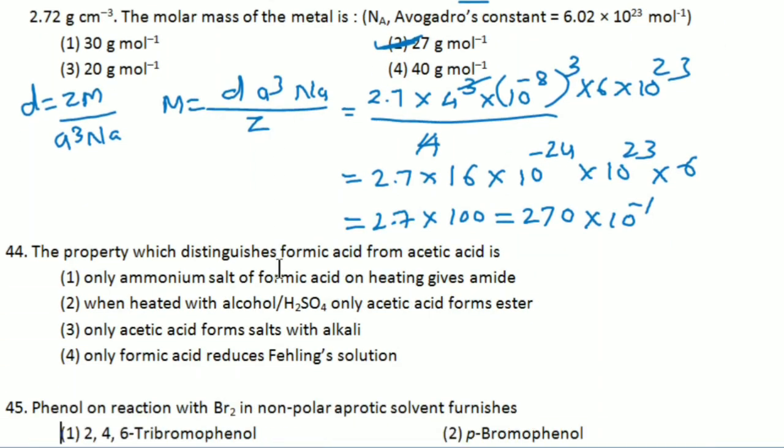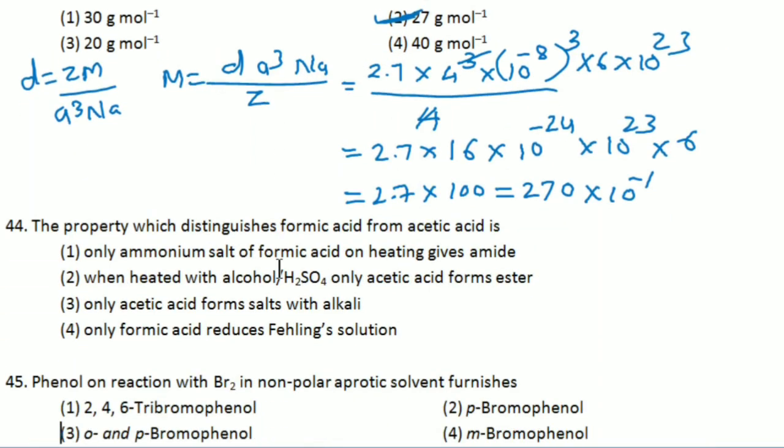44. Property which distinguishes formic acid from acetic acid. In this case, remember, formic acid is H-C double bond O, OH. Acetic acid is CH3-C double bond O, OH. To distinguish these, remember, the first point: only the ammonium salt of formic acid on heating gives amide.